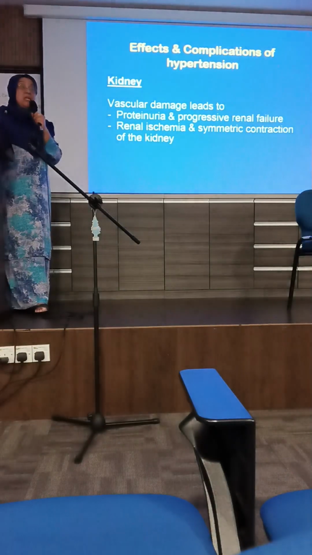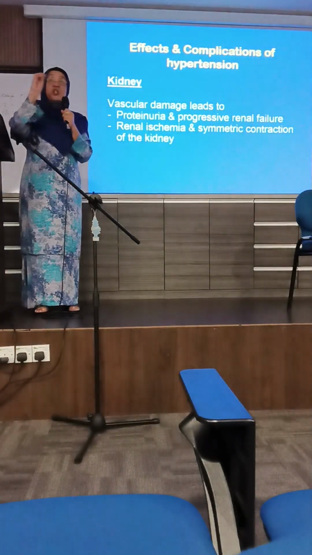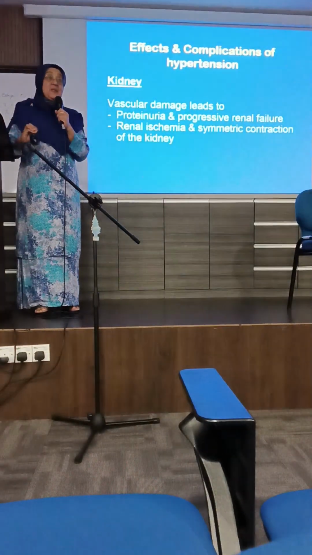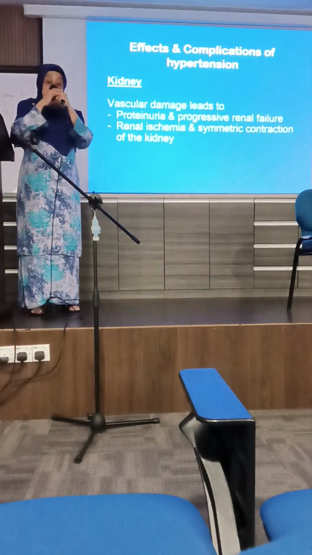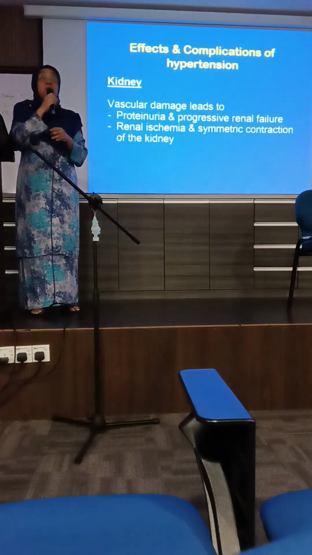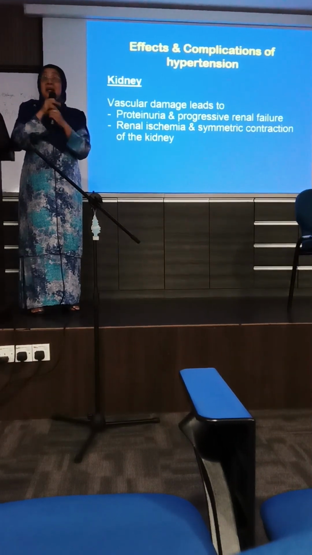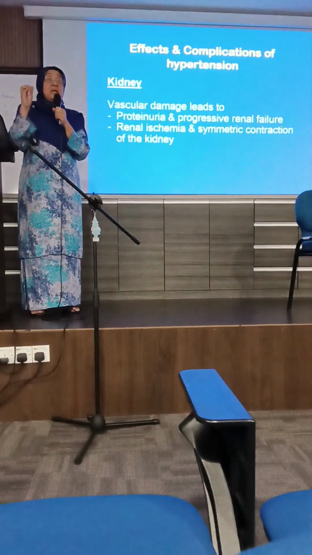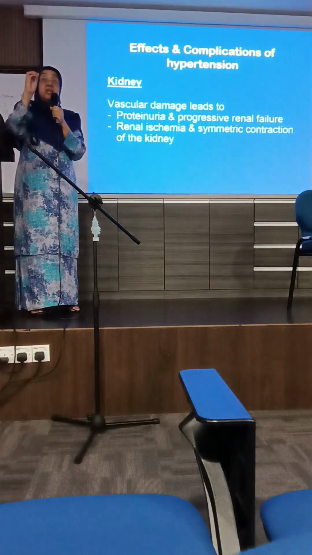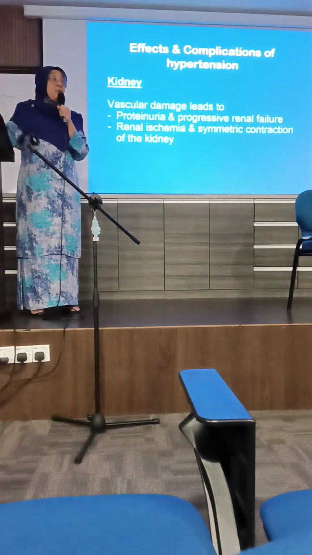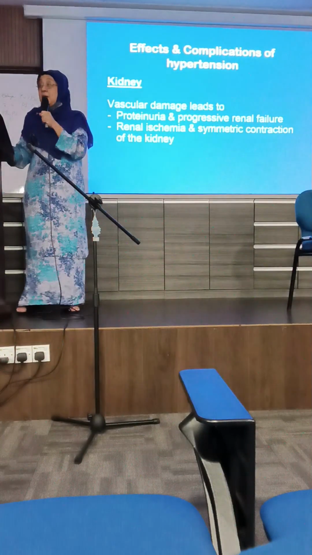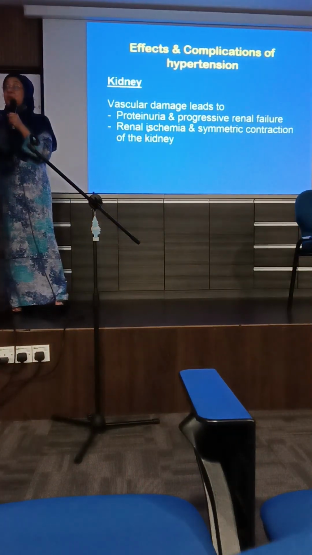Now we're going to see the effects of these vascular changes on specific organs. You're going to say you can't take medication, later the kidney will be damaged. This is it. The kidney is damaged because of changes in the small blood vessels, which lead to renal damage. Vascular damage leads to progression.